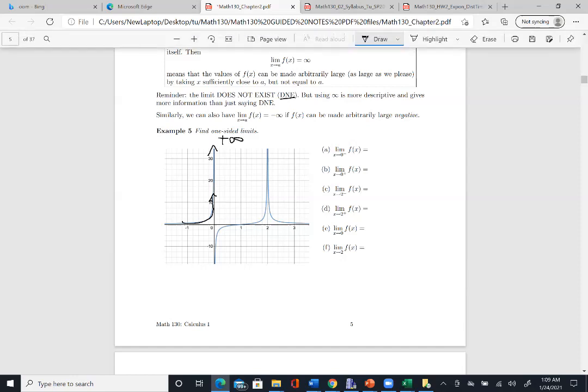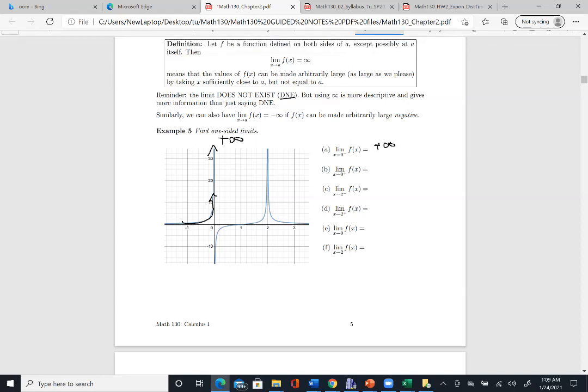So you will have positive infinity. For the limit of f(x) when x goes to 0 positive, which means the right hand side, 0 was here, so it goes like this, right? It keeps going down to negative infinity.